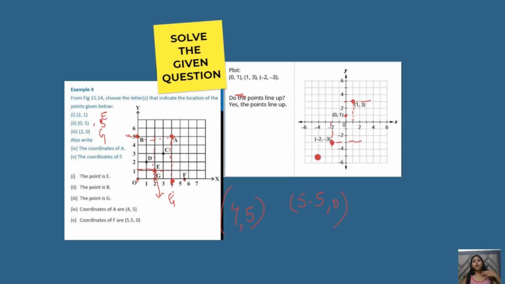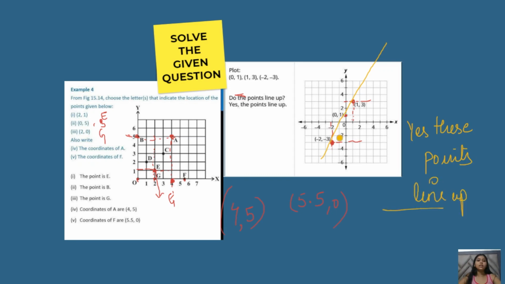So now the question is, do the points line up? You can just see like this. Draw a straight line passing through these points and you can see yes, these points line up. It means these points are on one line, right?